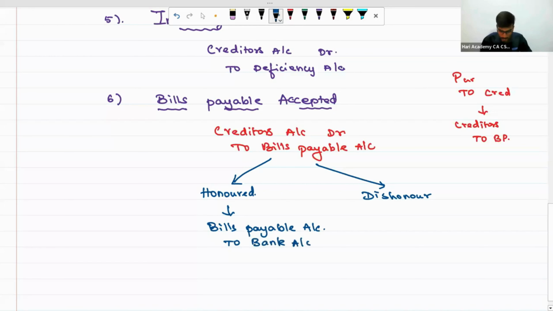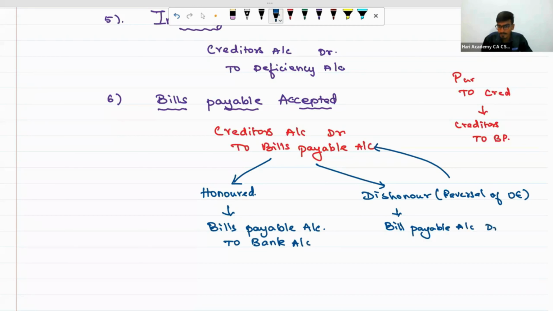If it is dishonor, I will reverse this entry, the reversal of the original entry: bills payable account debit to creditors account.